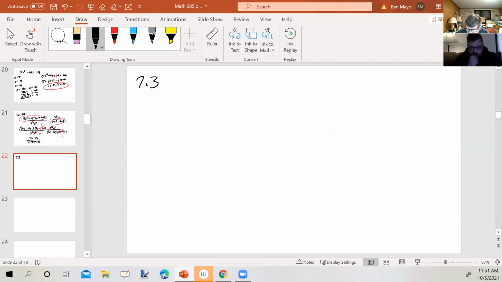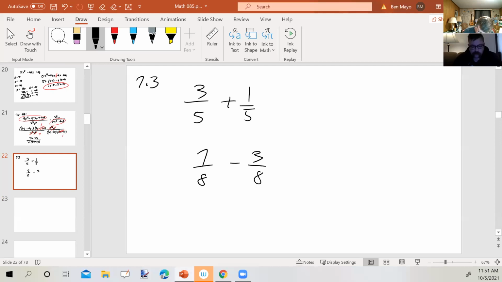Let's go back to arithmetic for a moment. If we are adding or subtracting two fractions with the same denominator, we add or subtract the numerators over the common denominator. In this case, we can take it down further to reduce it to 1/2.